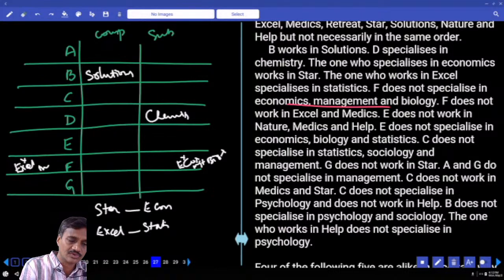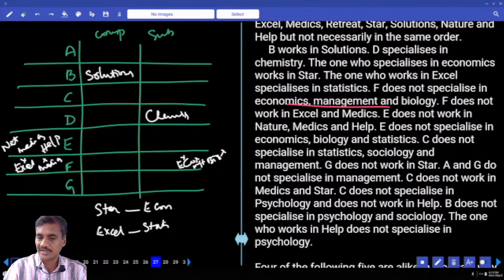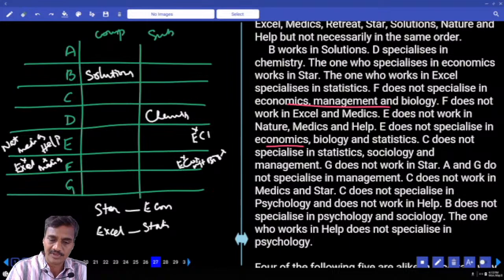E does not work in Nature, Medics and Health, so these are ruled out for E. E does not specialize in economics, biology and statistics, so these are ruled out for E as well.